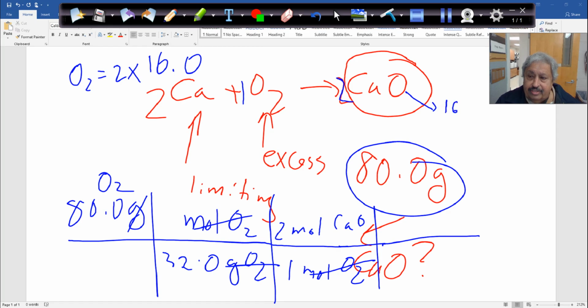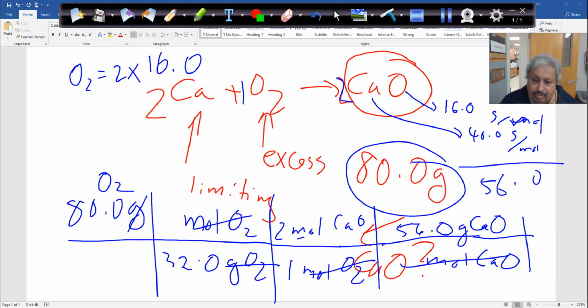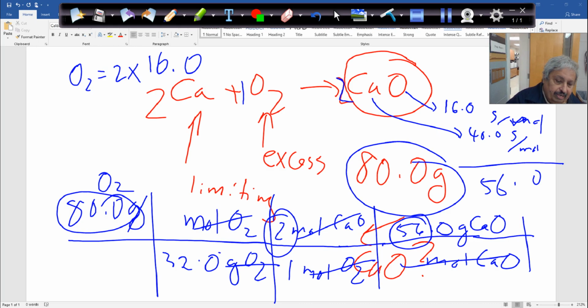Oxygen is 16, guys, and calcium oxide is 56.0 gram per mole. Mole with the mole cancels out. So now you have to multiply 80 by 2 by 56.0, divide the whole thing by 32.